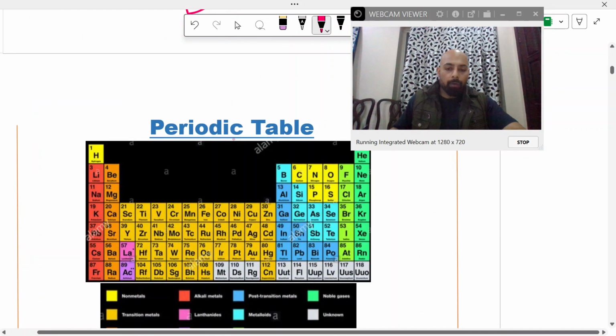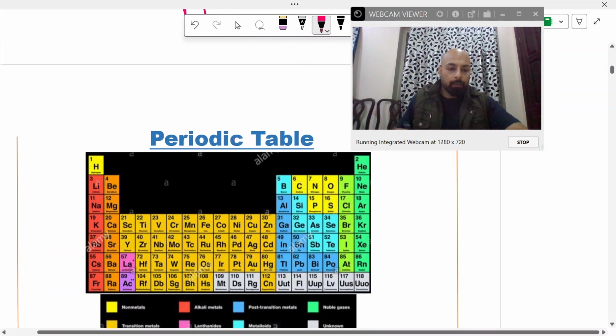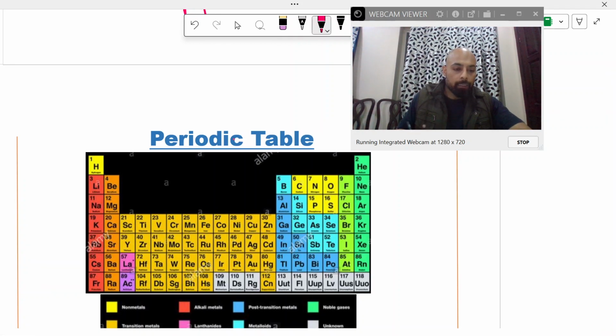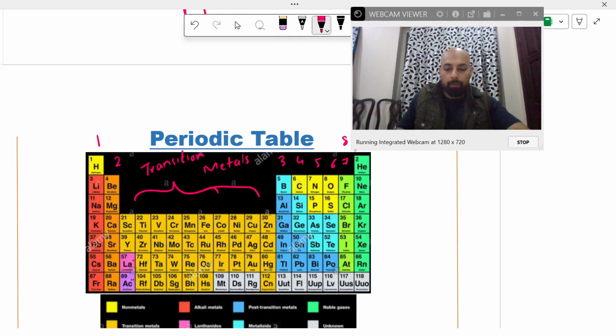Here we have the periodic table, and you can easily notice that these are the groups. Let's count the groups first. We have 1, 2, then from here to here we have the transition metals, and we have group 3, 4, 5, 6, 7 and group 8 right over here.